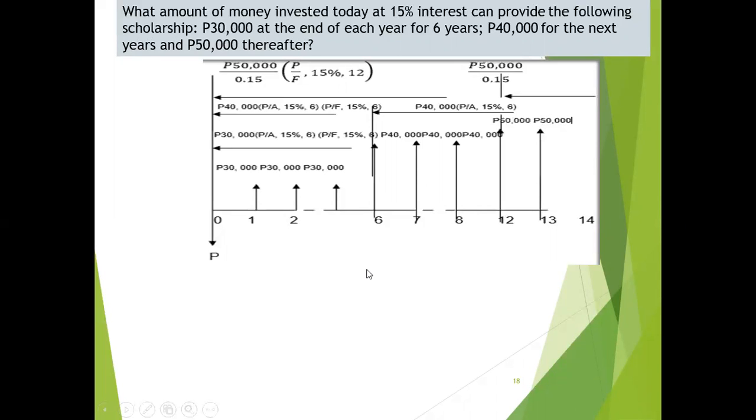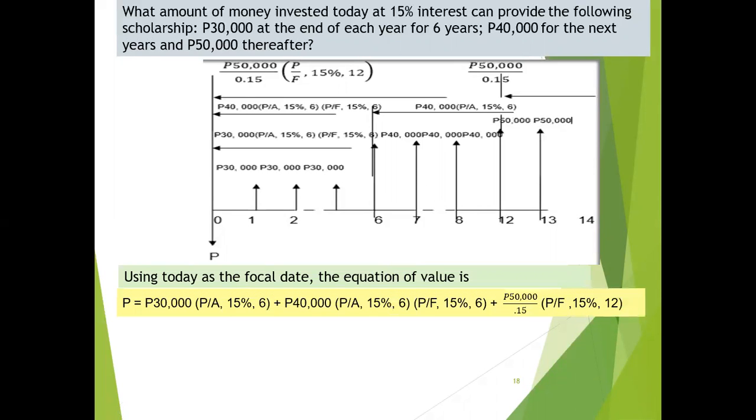So setting today as the focal date, our equation of value is the present value of your 30,000 plus the present value of your 40,000.